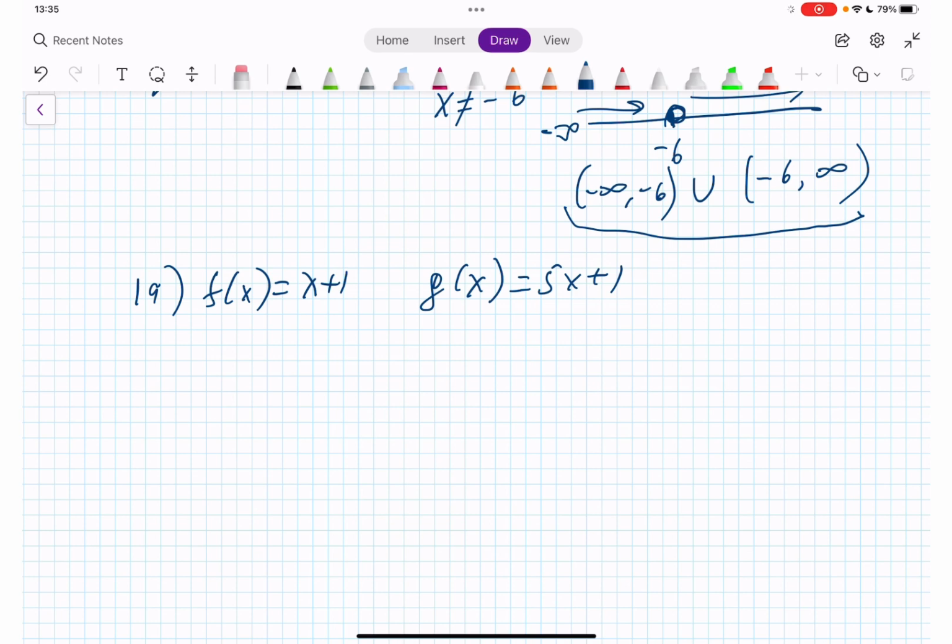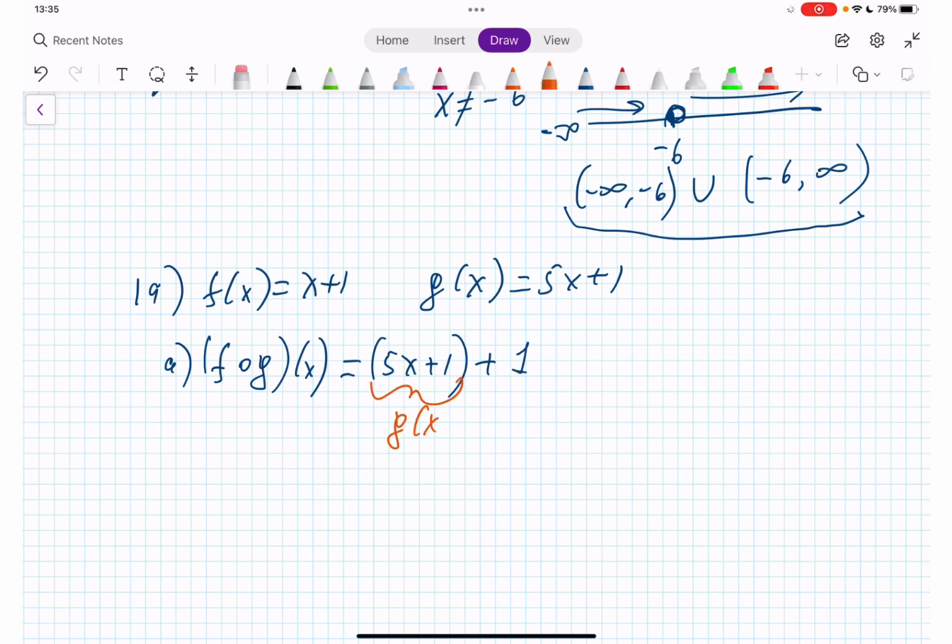Okay, so A, f composition with g of x. Instead of x, I'm plugging in 5x plus 1. I put parentheses so you will see that this piece is g. Okay, the result is 5x plus 2.